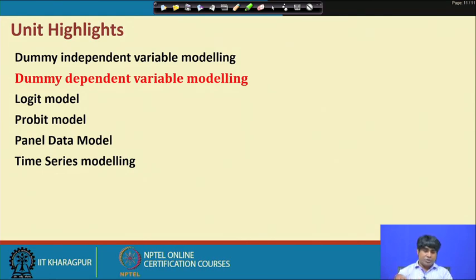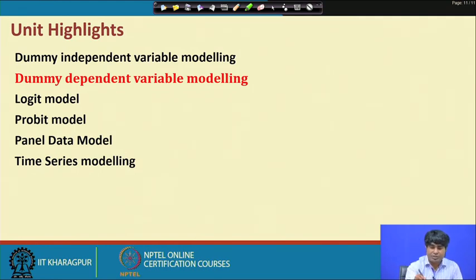Now, we would like to see the other side of the game. How does the modeling behave altogether when the dependent variable is of qualitative type? So, technically we would like to address dummy dependent modeling. Here we specifically have three types of models.